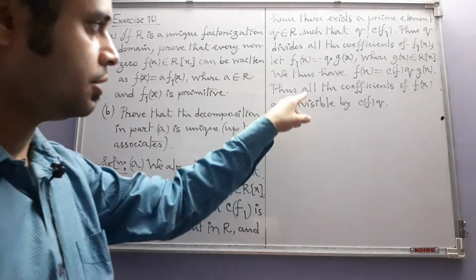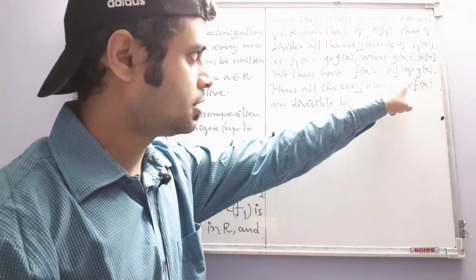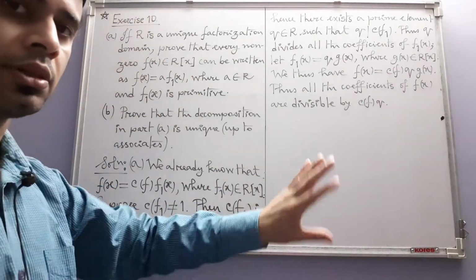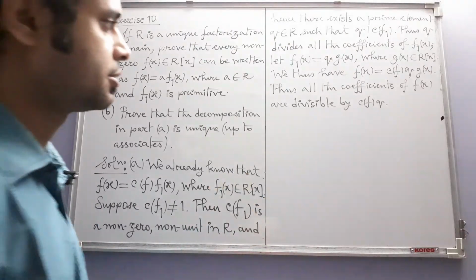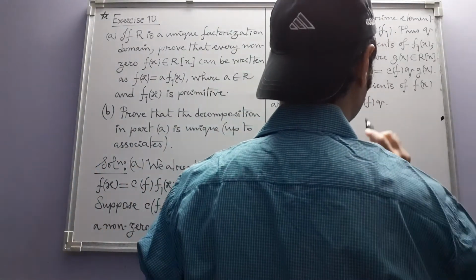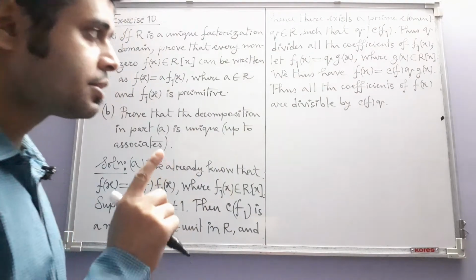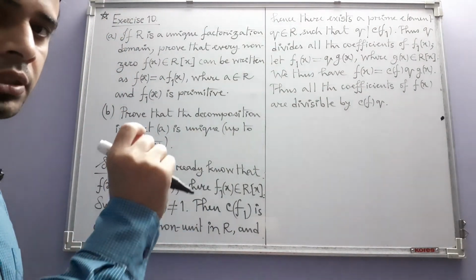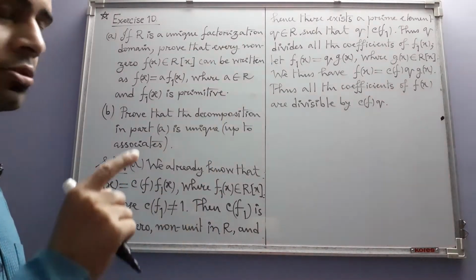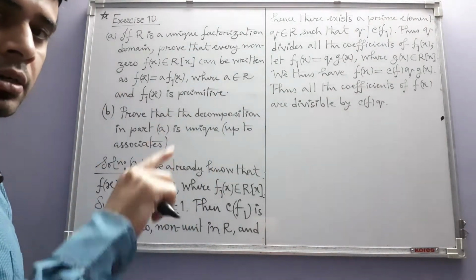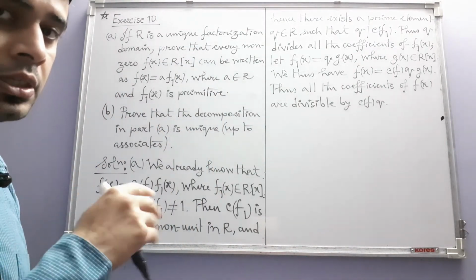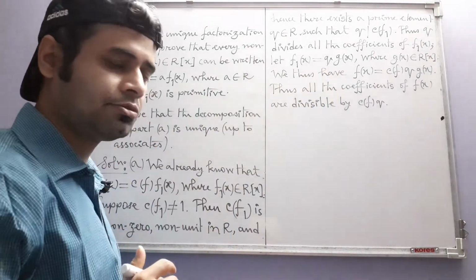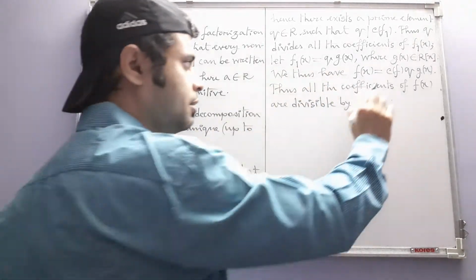From there you can conclude that c(f)q divides all the coefficients of f(x). Okay, now because c(f)q, a ring element, divides all the coefficients of f(x), it will also divide their greatest common divisor, the GCD of all the coefficients of f(x), which is nothing but c(f).